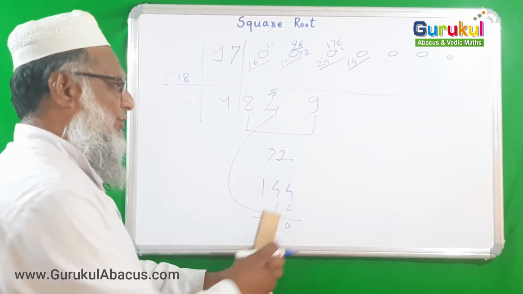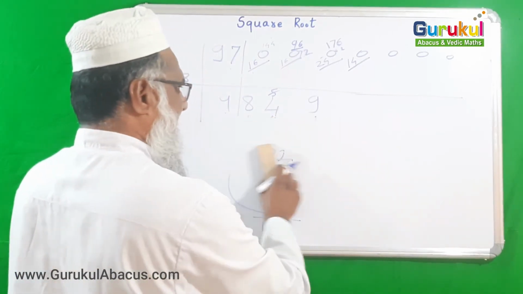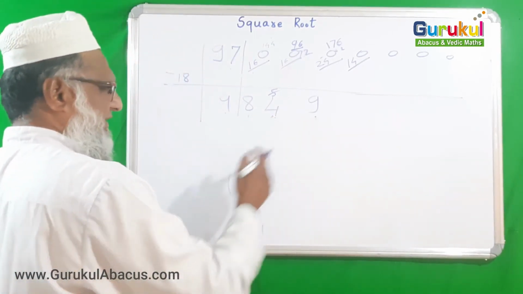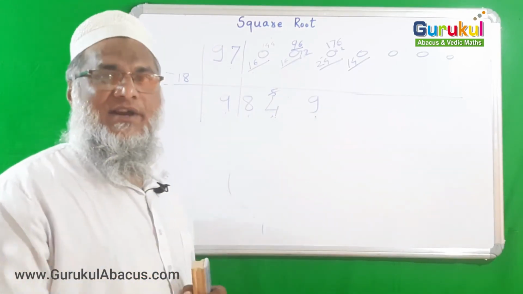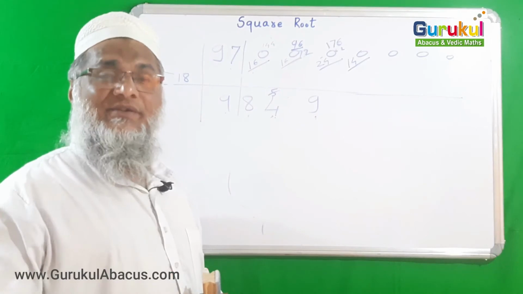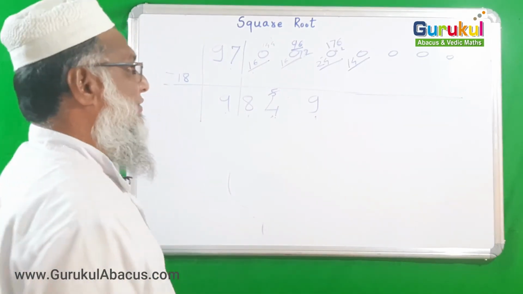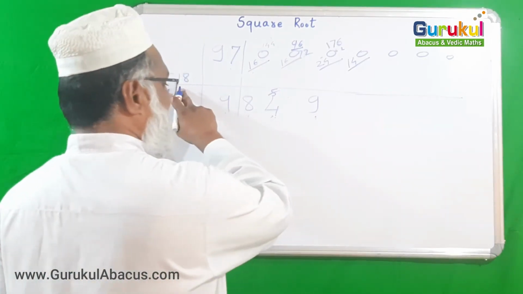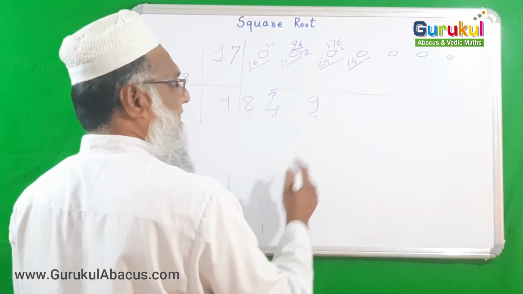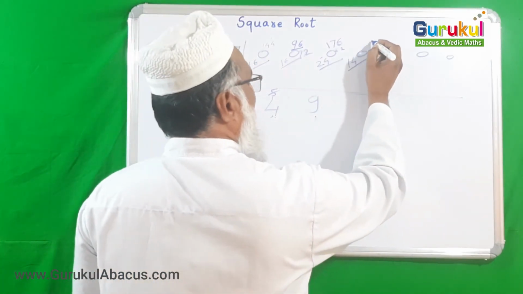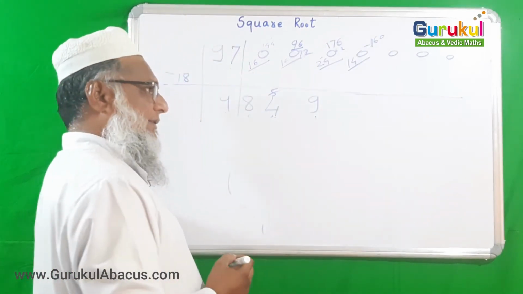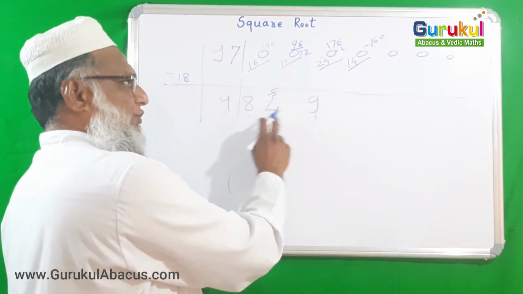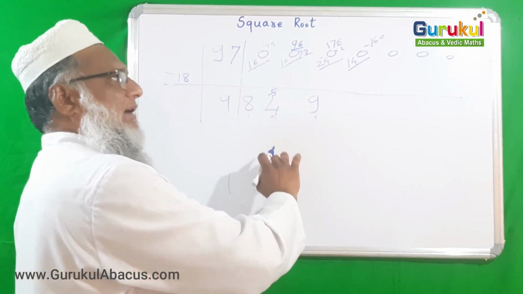That's the issue. So one way is that we can lessen it and we can add at the next. But another way we are learning. So suppose Dvandva of those 3 digits, 160, I am trying to subtract.